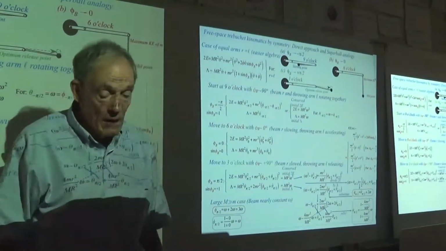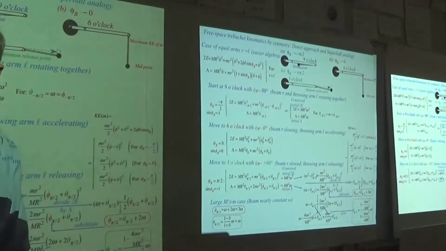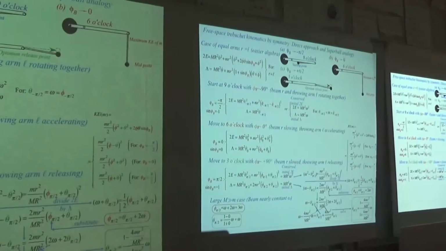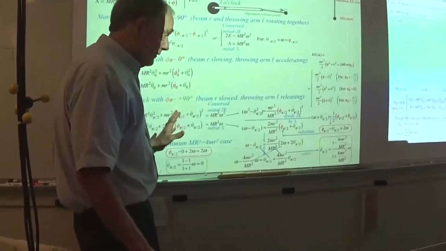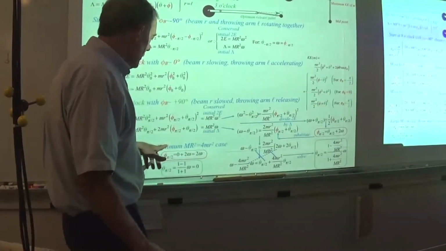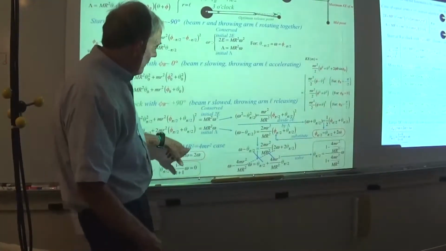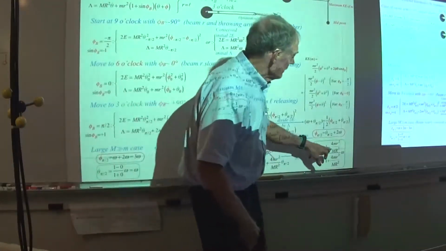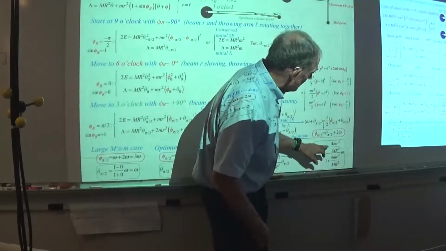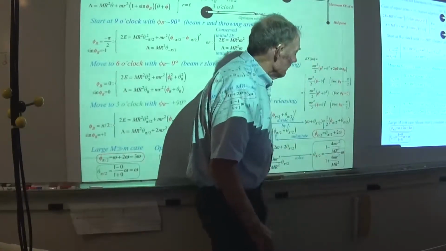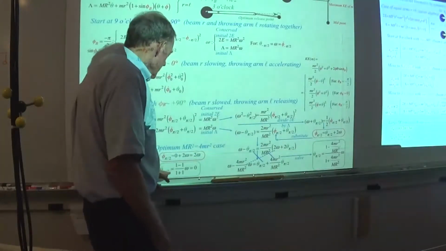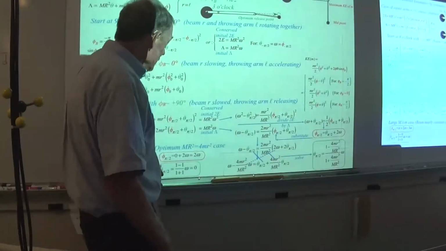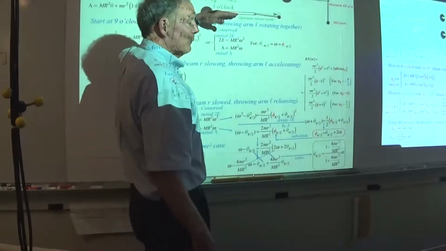Now the other possibility, and that's the one that's over on the left-hand side of the graph that we did for the Super Ball. Here I'm taking an optimum case. I'm taking it so that the m r squared, that's the denominator here, is exactly equal to this, so that I get 1 minus 1 over 1 plus 1, I get a theta dot of 0 for the big beam at this point.